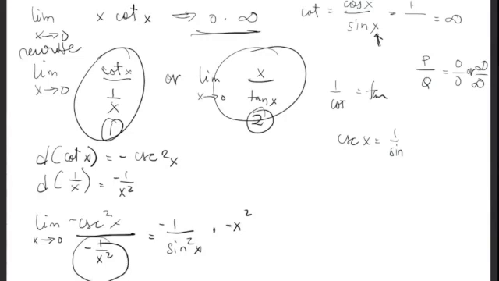So negative and negative becomes positive. Let's apply the value of the limit. What do we have? We have denominator, the answer is 0. Still, it's 0 over 0.